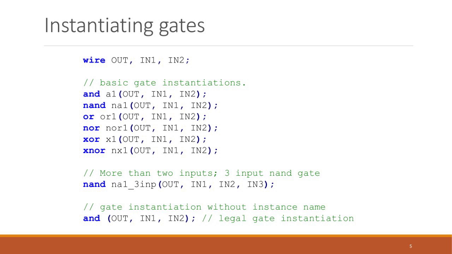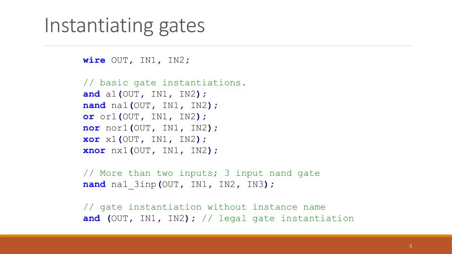First you can see how basic instantiations work with two input gates such as AND, NAND, etc. So you need to first connect the output wire and then the two input wires. Each instantiated gate is given a unique name as well, as you can see here.